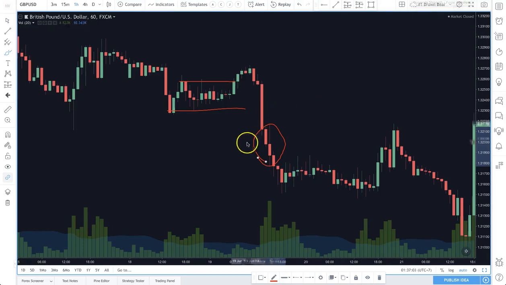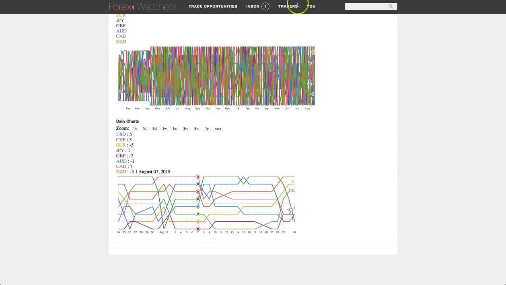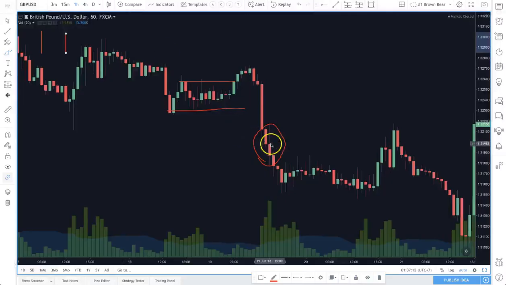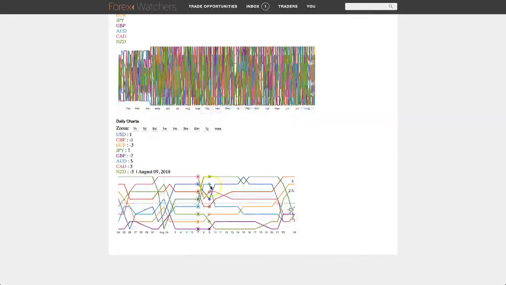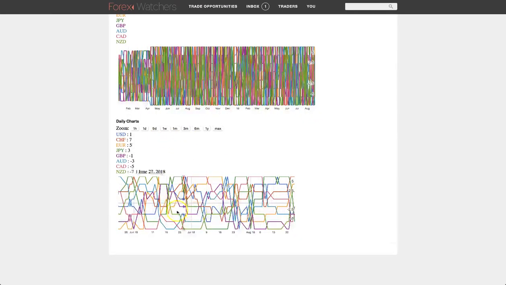So we want to look at the numbers from the 18th to get an idea of what pound or dollar is saying. Let's take a look at that. This was in June, so let's go back a little bit. Here we go, June 18. USD is plus 5. What else do we know? Pound is plus 5. Now, both are strong.